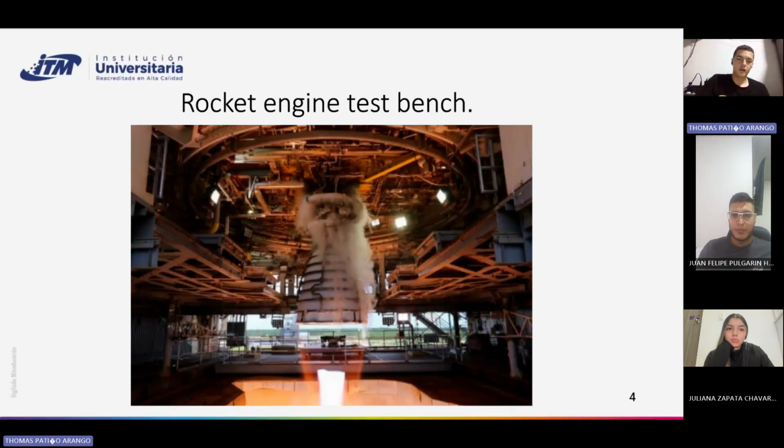Okay, finally, this rocket engine test bench. By simulating everything before, engineers can make sure the test is safe, efficient, and well coordinated.